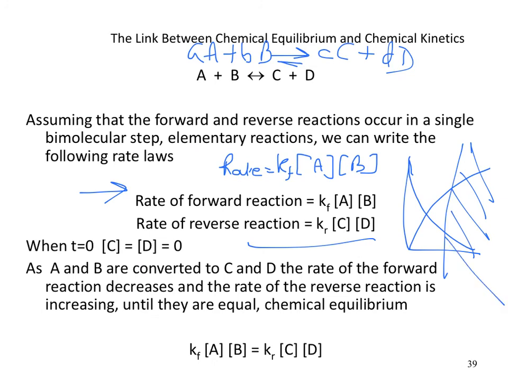That means Kf times A times B is going to be equal to Kr times C times D. What does that mean? That means the rate of the forward reaction is going to become equal to the rate of the backward reaction. We've seen that in chapter 3.